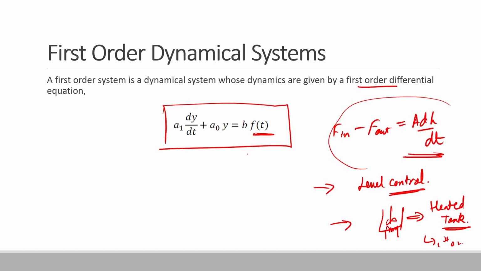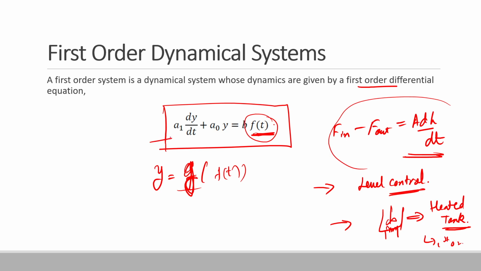Now if we want to find the response of this system, we need a model that correlates y as a function of the input. Over here we can call this the input of the system, f of t. Let's call this function g of t. In order to find such a solution, we had studied the Laplace transform.